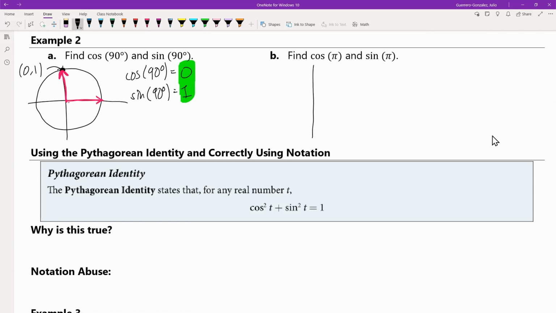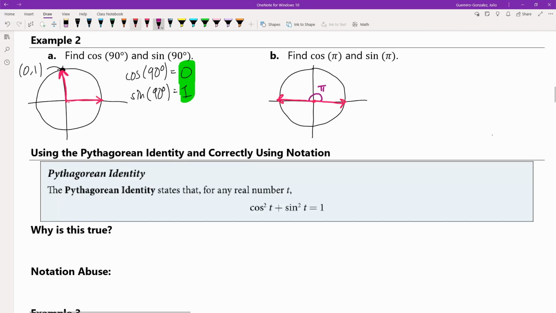Same thing. We're relating this back to our unit circle. We know that the angle pi starts here and goes out this way. This is the angle pi.